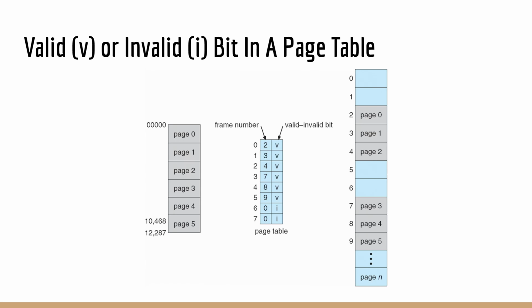Since the entire page 5 is marked as valid, the process can technically access any address up to the end of the page, which is address 12,287. This happens because memory is allocated in fixed page units and the end of the process does not perfectly align with the page boundary.